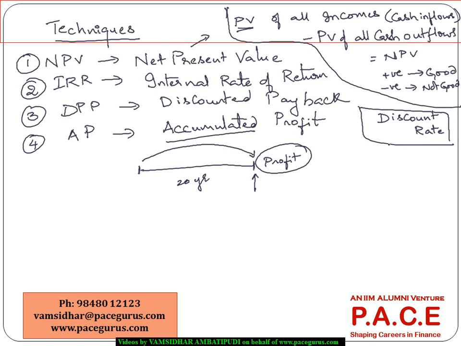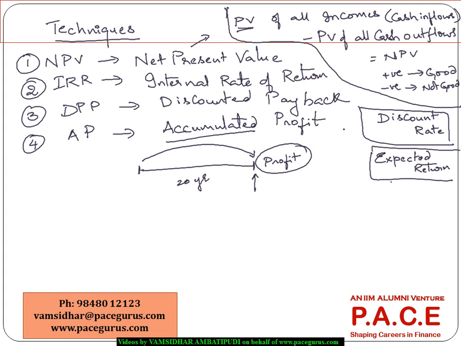This discount rate is the typical expected return: what is the expected return that anyone who wants to invest in the project expects on the investment per year. Based on that discount rate, if the incomes are greater than the outgoes, then it is a profitable project, otherwise it is not.